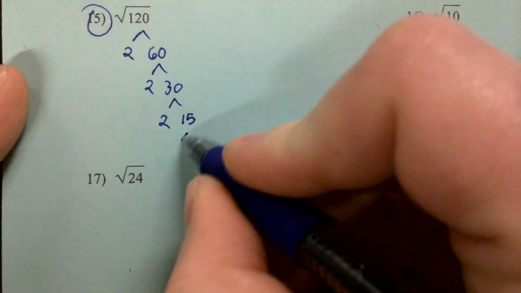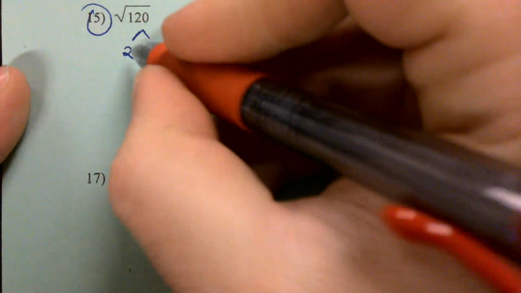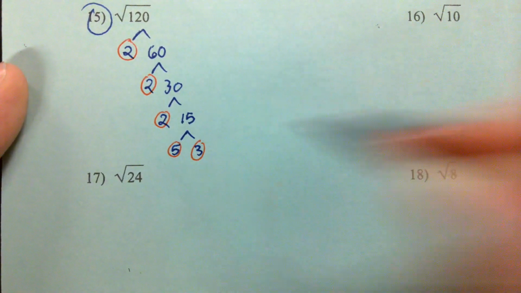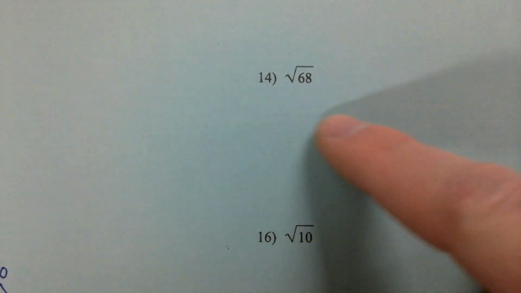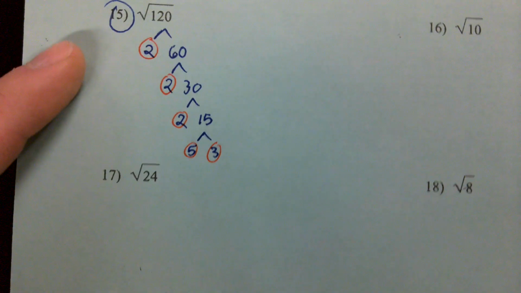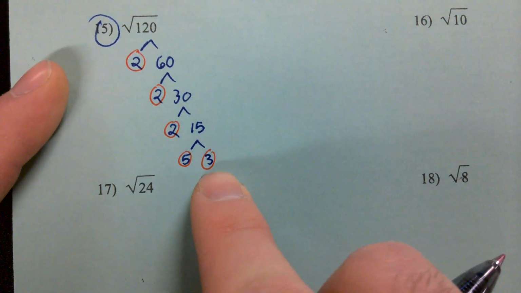And 15 can be split because it's odd into 5 times 3. So if you get a weird number that you don't really know a multiplication fact for off the top of your head, i.e. number 14 with 68, you see that it's even, cut it in half, divide it by 2. We get 2, 2, 2, 5, 3.